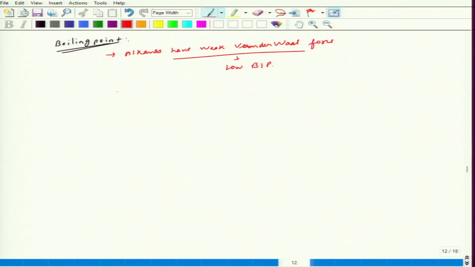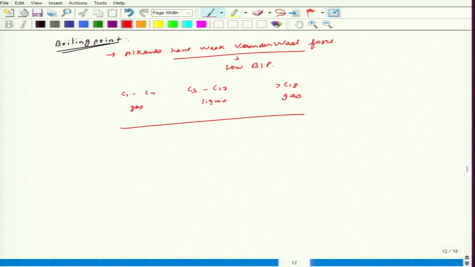I have already taught that carbon number 1 to 4 are gases. Carbon number 5 to carbon number 17 are liquids. Carbon number 18 onwards are solids.